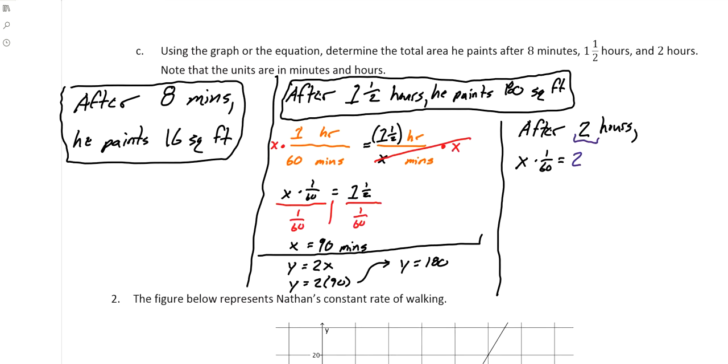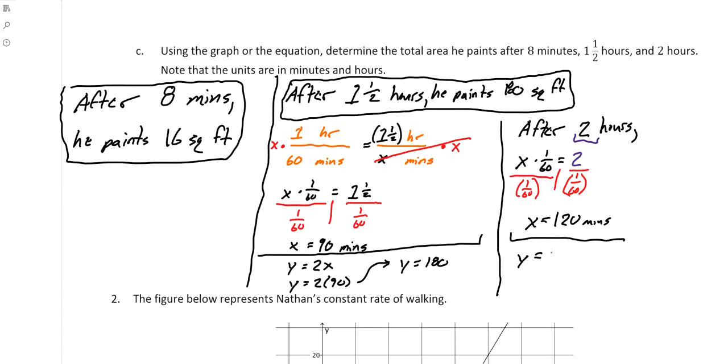So you would just end up dividing 2 by 1 over 60. And you would have x equals 120 minutes. And then you just use your formula.